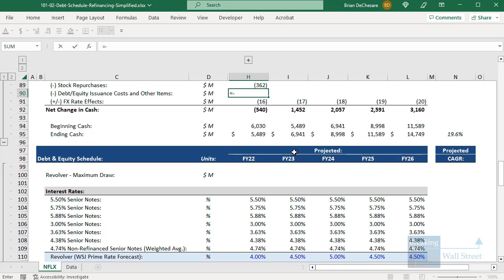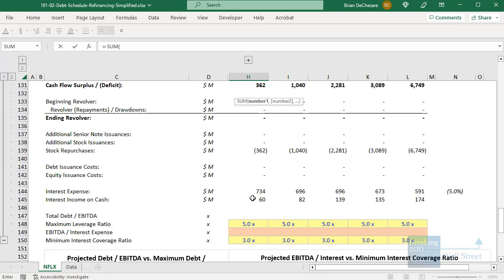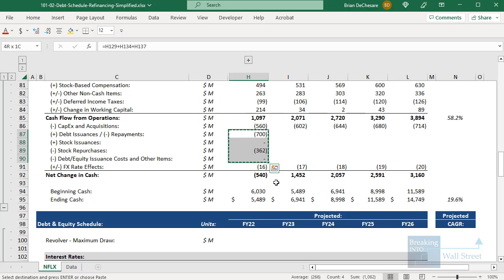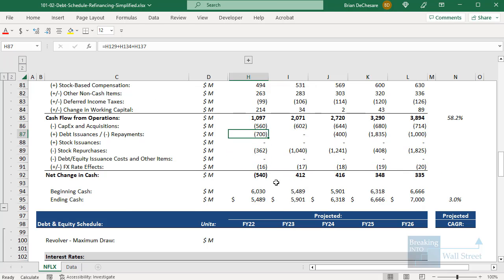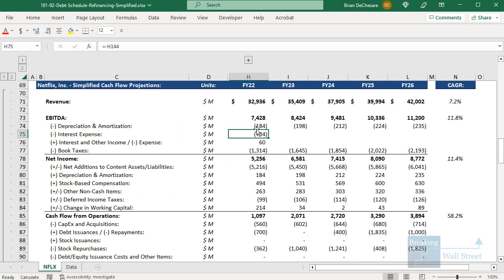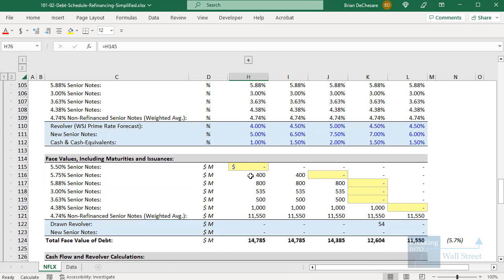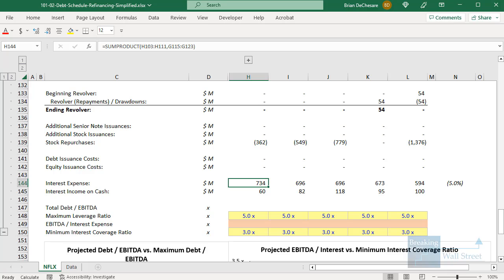And then for the debt and equity issuance costs and other items, we sort of skipped over this, but you will also factor this in most cases. So row 141 to 142, we'll just do a simple summation, and so we have that. And now we can copy that across. We can also copy across our interest expense and interest income right there. And now we have our debt schedule mostly set up.